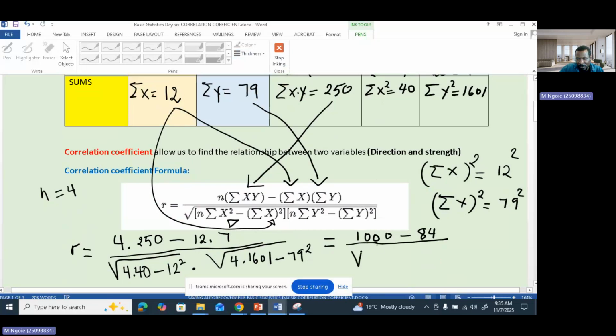Divide by the square root: 40 times 4 is 160, minus 12 times 12, 144. Times again 4 times 1601, 6404, minus 79 times 79, that's going to be 6241.